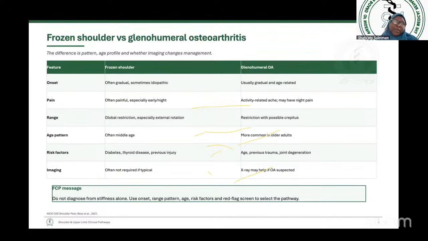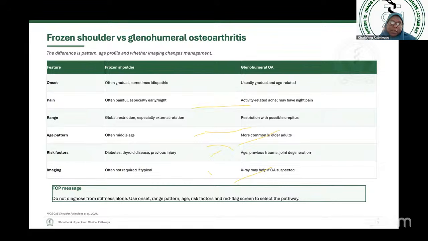But again, there is literature that says anything from 40 to 50. We should also suspect frozen shoulder in individuals who are 45, 50, especially in women, perimenopausal and in the early stage of menopause. Then pain: frozen shoulder is often painful, especially at night or early in the morning.